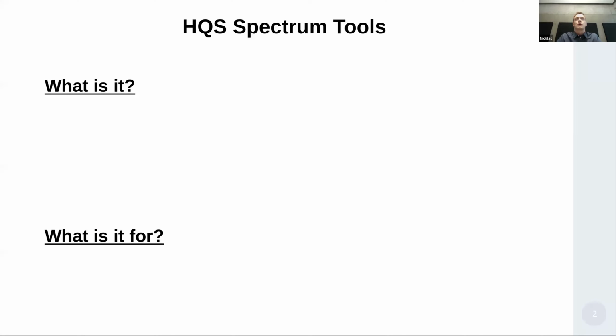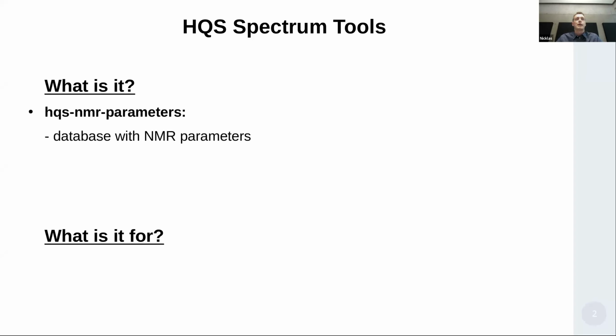All right. So with this being said, let's go a bit further into what HQS Spectrum Tools is and what you can use it for. And first of all, what is it? Well, as I said, it's some sort of Python API. So it basically contains two Python packages. The first one is called HQS NMR parameters, which is basically just a database with NMR parameters.